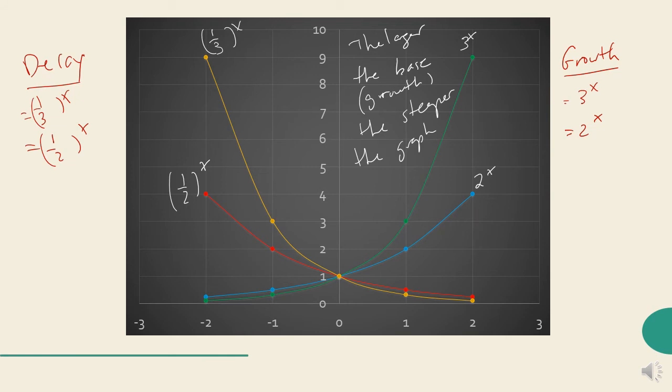If you look over on the decay side, so the 1/3 and 1/2, actually the opposite is true. If I asked you which one's steeper, hopefully you would say the yellow one. And that goes with the 1/3. Well, 1/3 is actually smaller than 1/2, right? If decimals make more sense to you, 1/3 is basically 0.33333, and 1/2 is 0.5. 0.5 is a bigger number than 0.333, but it's actually less steep.